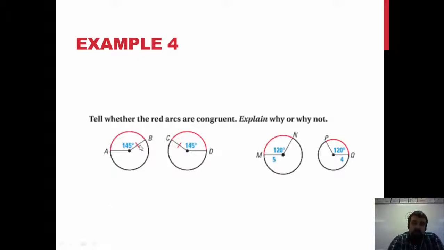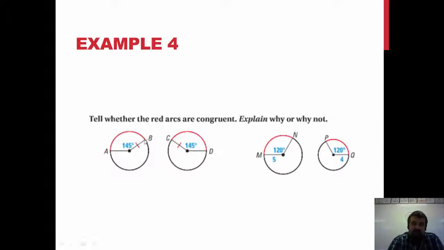Well, the segment here and the segment here are both from the center to the edge of the circle, and they have the marking saying they are congruent. So these two circles have the same radius, which means these two circles are the same size, which means these two circles are congruent. Now all I need is, do the arcs have the same measure?